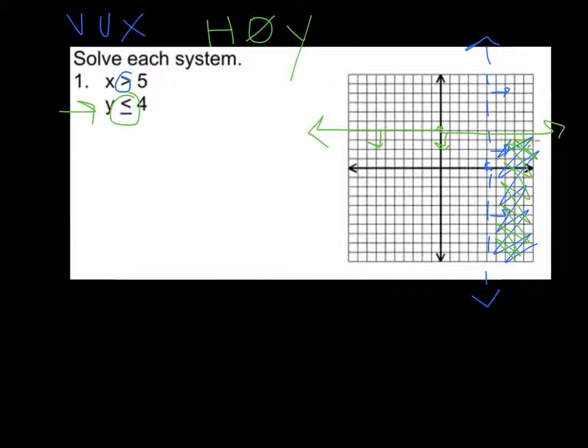That would be everything in this region over here as my solution. There are other shaded areas on the graph. If I had shaded, this would be green and this would be blue, but we need the overlapping shaded region in order to show the system's solution. Okay, let's go ahead and move forward.